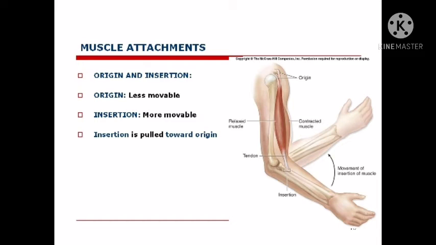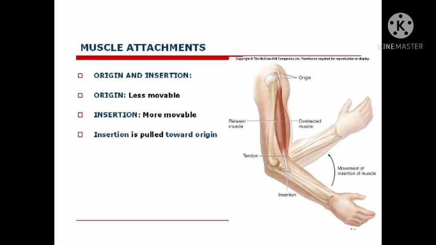You can see in the diagram the biceps muscle, which has contracted, and the elbow goes into flexion. On the back, the triceps relaxes and the biceps contracts, and that is how flexion is brought about.